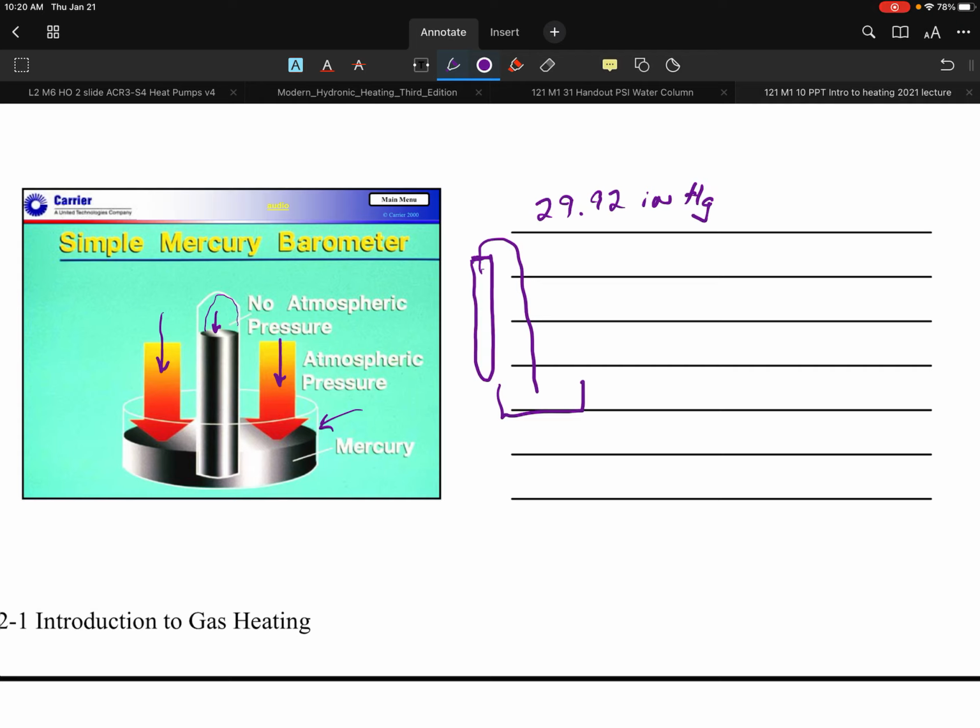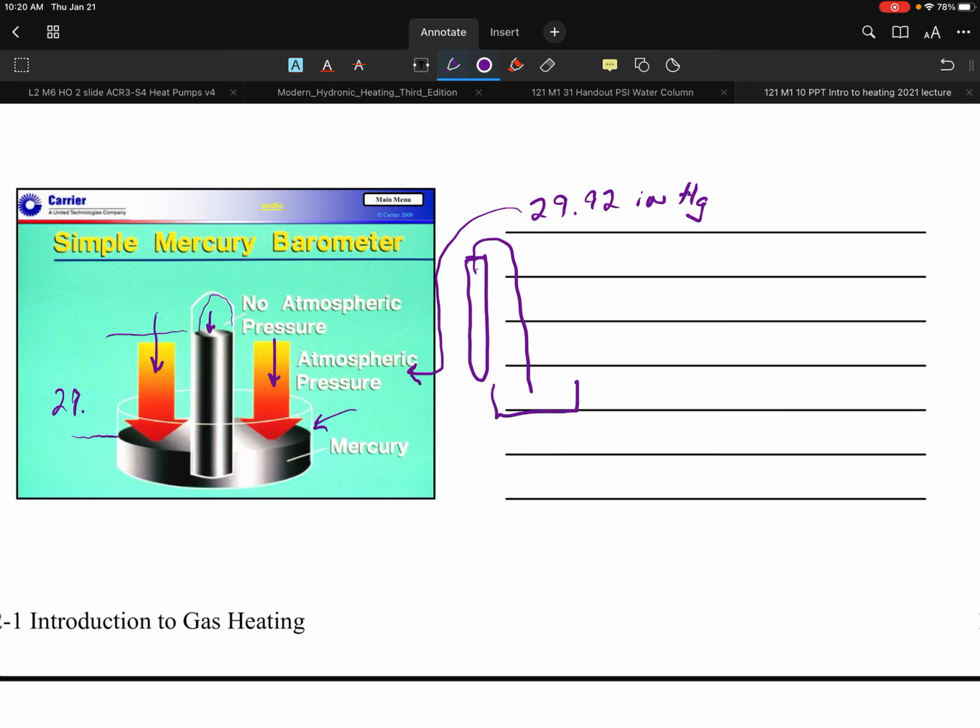That particular 29.92 in standard atmospheric pressure would mean that our barometer, from the difference from there all the way to there, would be roughly 29.92 inches high. And obviously, the changes in pressure will change the height of that.